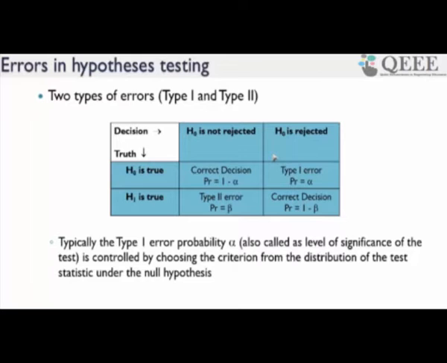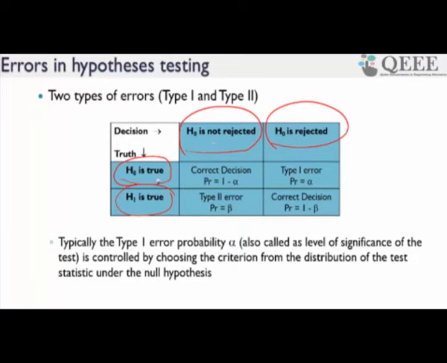So here is a table which explains this. The truth is along the column, which is, if I have a null hypothesis, the null hypothesis could be true or the alternate hypothesis could be true. These are two possibilities that are there. In terms of a decision, once you do the hypothesis testing, one decides to either accept the null hypothesis or reject the null hypothesis.